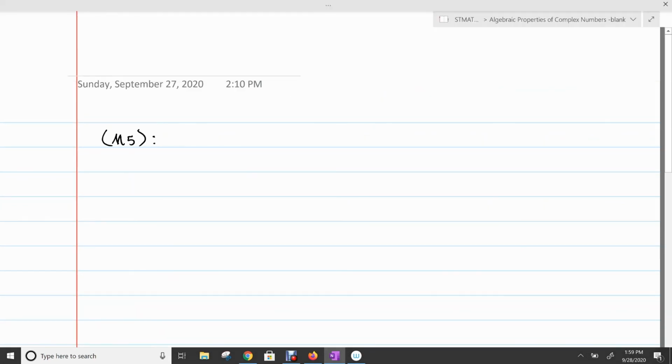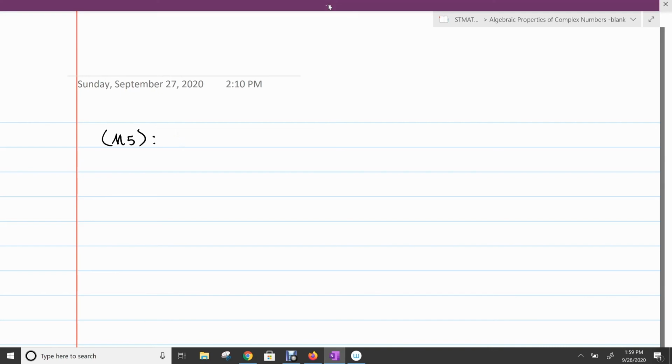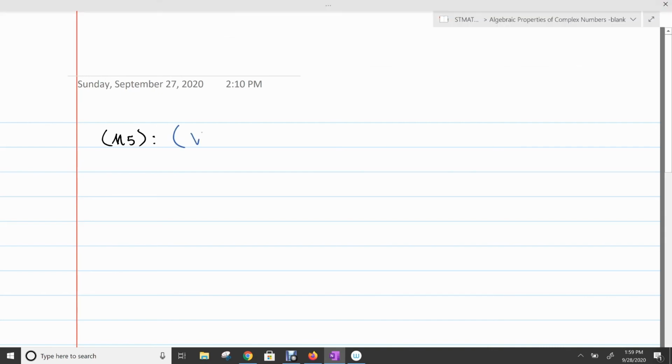So M5, that is the existence of multiplicative inverses of non-zero complex numbers. The property that we want to prove here is that for every non-zero complex number z, there exists some other element that when you multiply it times your z, you get back 1. This one is not quite as obvious, so we need to do a little scratch work before we do the proof to figure out what this inverse is.